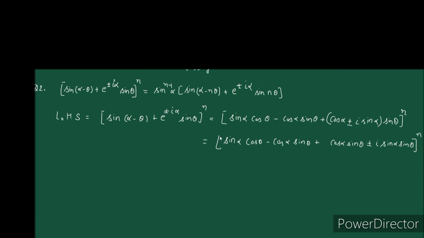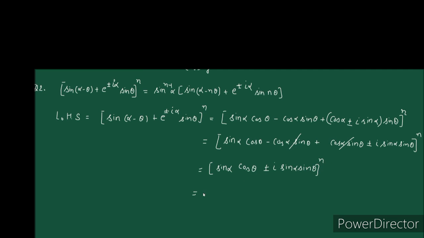Okay, now cancel the terms cos alpha sine theta and cos alpha sine theta. So what you are left with is sine alpha cos theta plus minus iota sine alpha sine theta raised to power n.